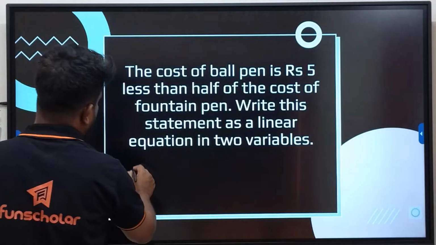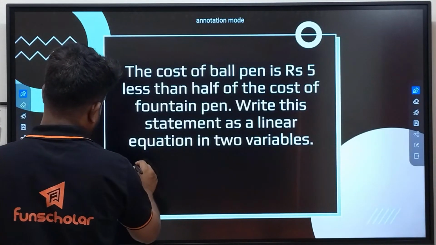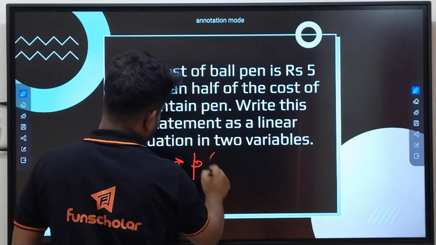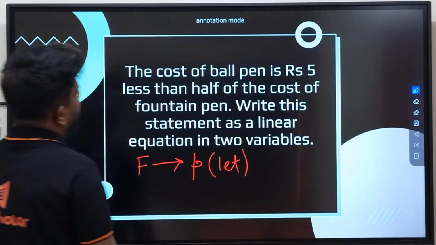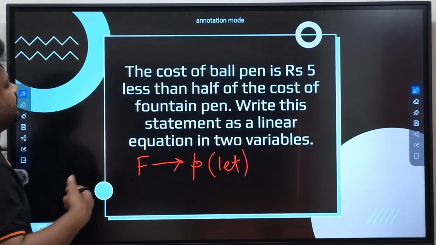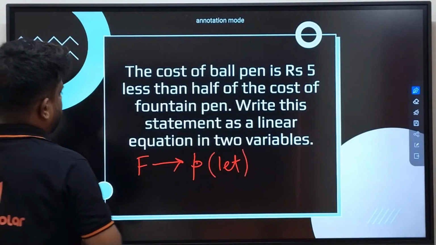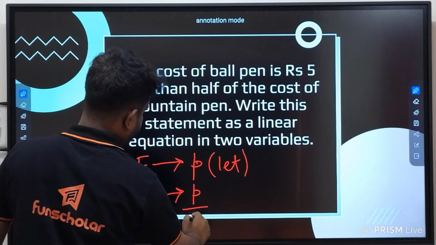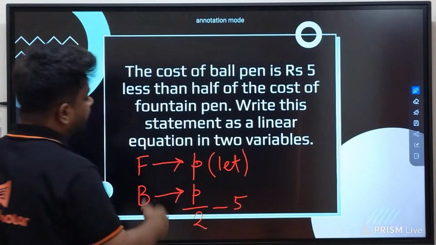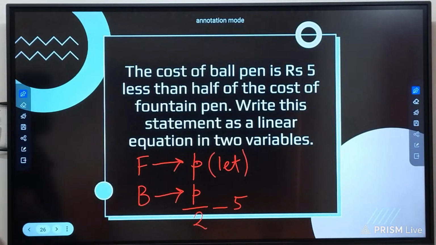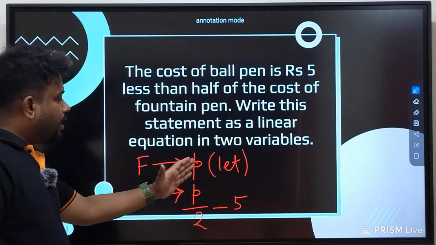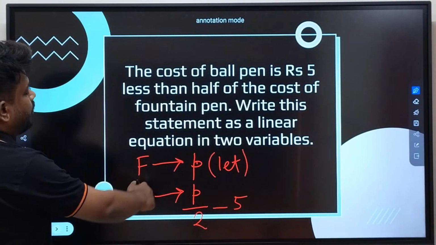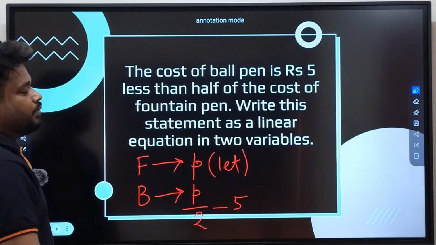If I let the cost of a fountain pen be P, then the cost of a ball pen will be 5 less than half of the cost of the fountain pen, so it will be P/2 minus 5.